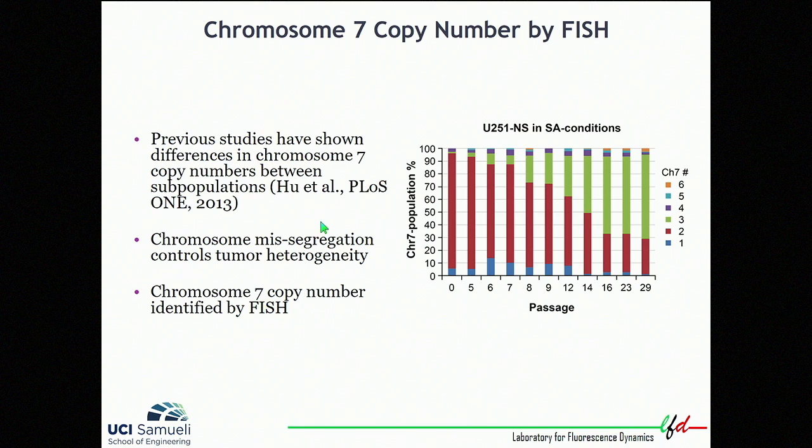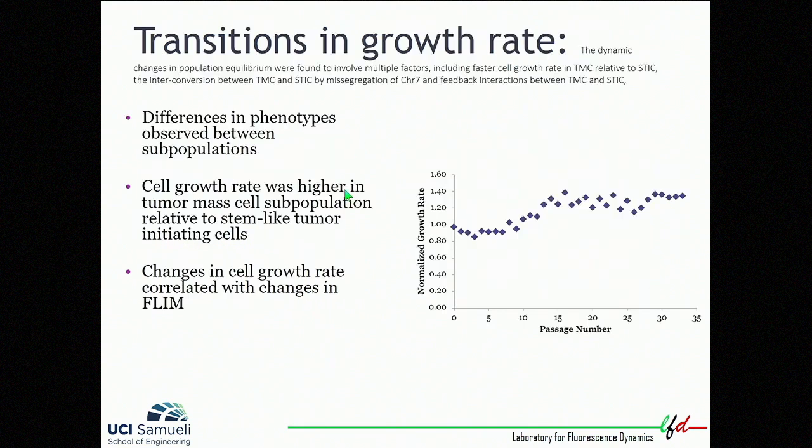Chromosome missegregation controls tumor heterogeneity, and this chromosome 7 copy number can be identified by FISH. If you look now as we increase the passage number, you could see that the chromosome 7 population in terms of segregation decreases.